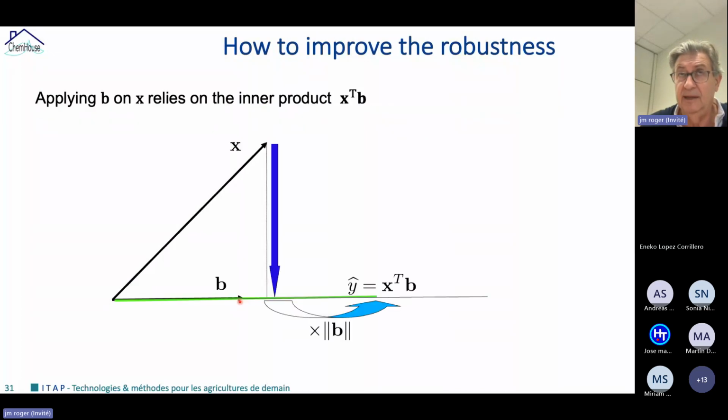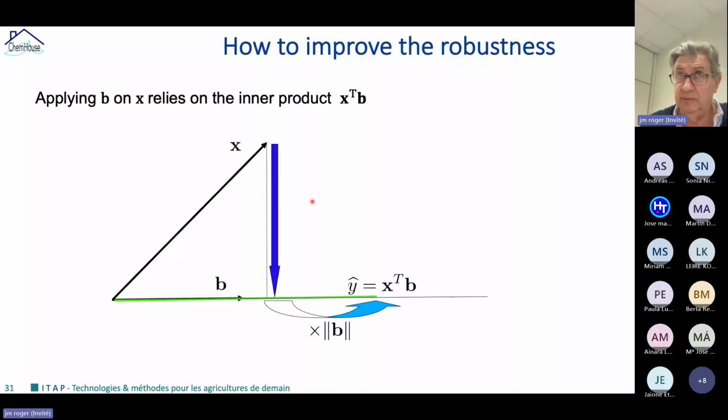When we apply the model on the spectrum, we project the spectrum on the direction of B, and then we multiply by the norm of B. It is simply the inner product, XTB, X1 B1 plus X2 B2, etc., etc. Okay? This is the estimation of your model. I have canceled the intercept because it is not useful in this reasoning. Okay? So we have that.